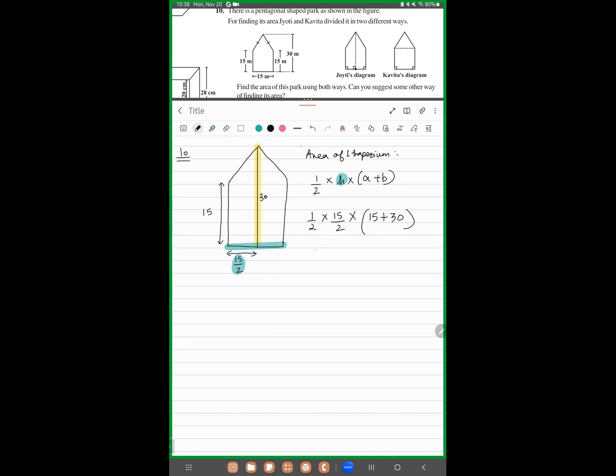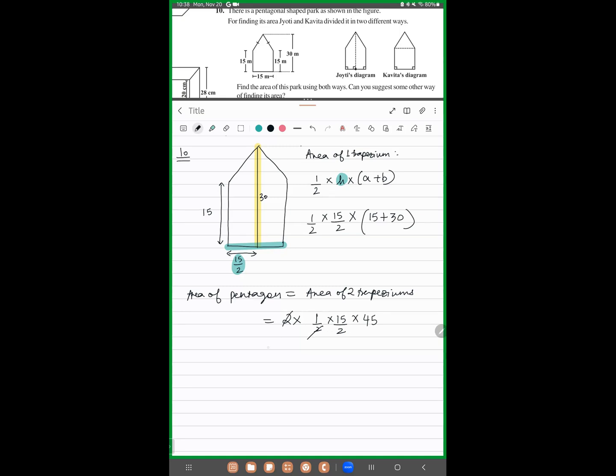So area of two trapeziums, meaning area of pentagon, is equal to twice of half into 15 by 2 into 15 plus 30. 15 plus 30 is how much? 45.